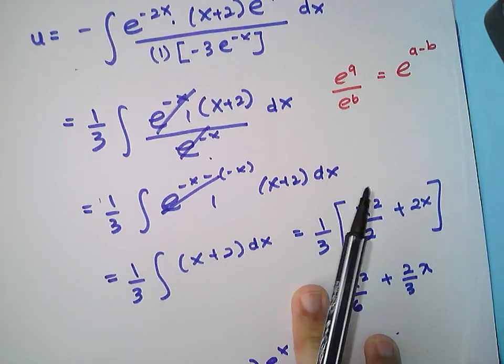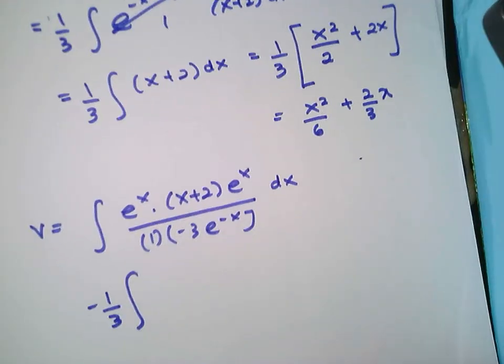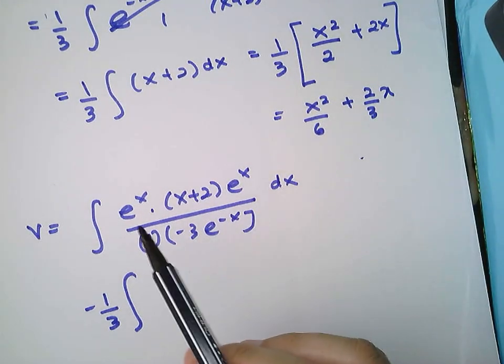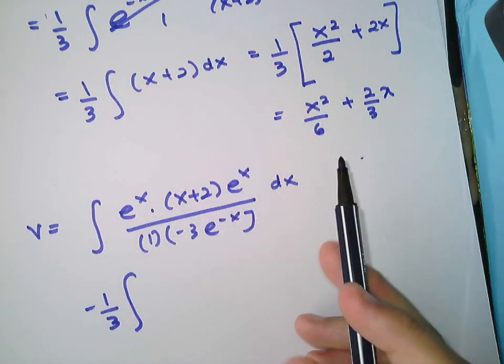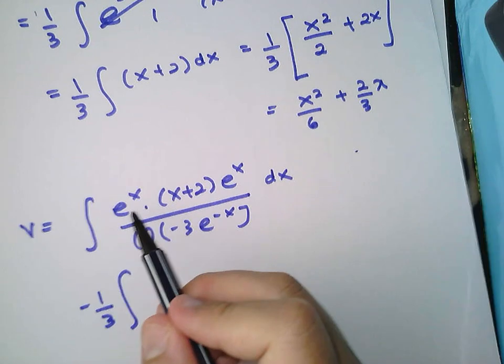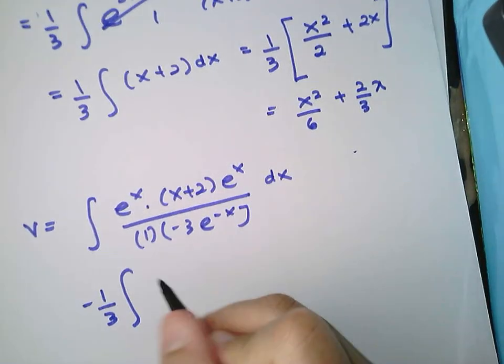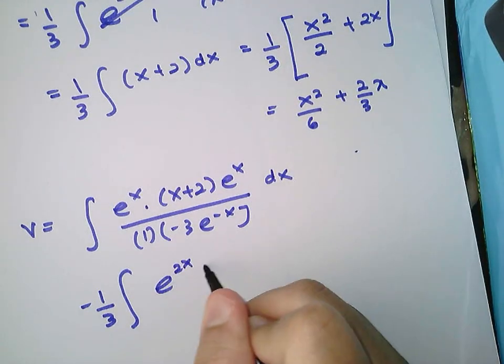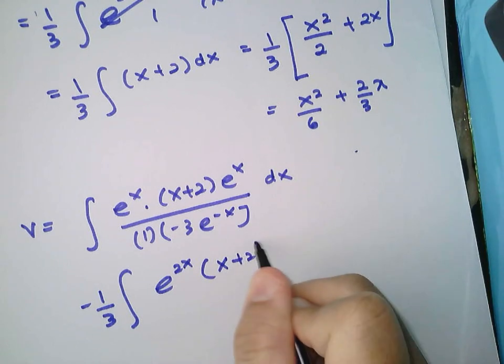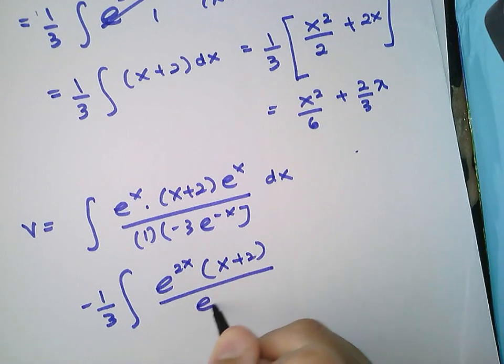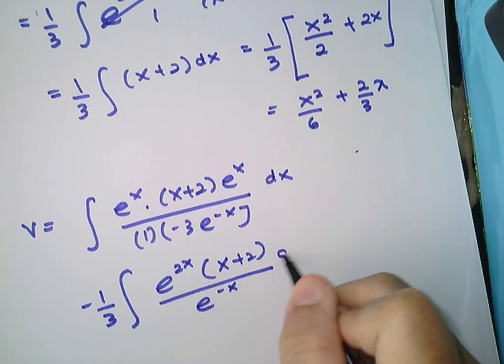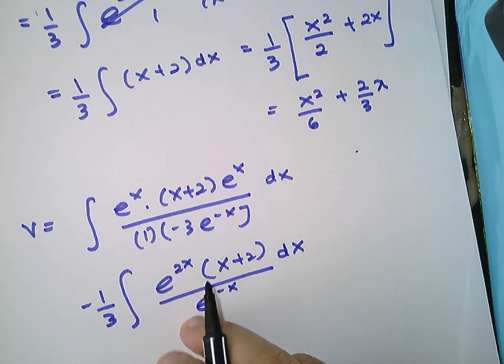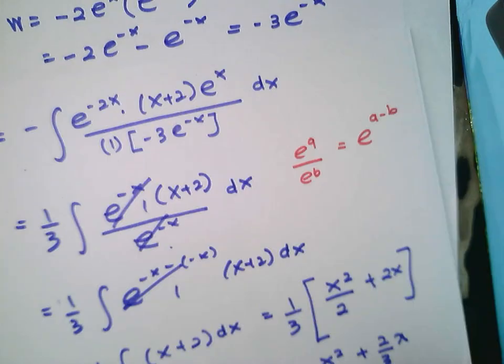Okay, so let's proceed. Simplify the exponential function first. So x plus x will give you 2x, over x plus 2 divided by e negative x dx. Okay, so again use the properties here.